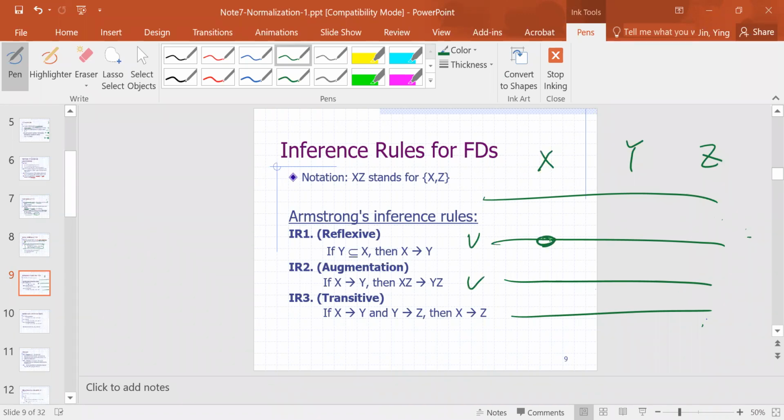So if X is the same, same X, right? And we know from here, if I have the same X, I'm going to have the same Y, right? So same X gets the same Y. Whenever I pick 2 tuples, if I have the same X, they are guaranteed to have the same Y.